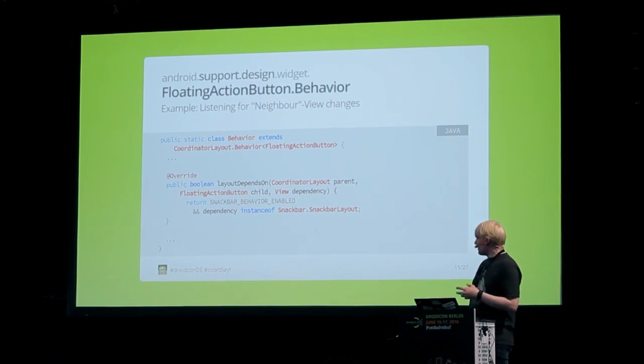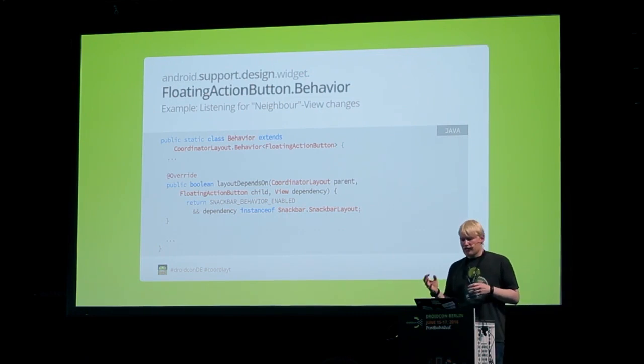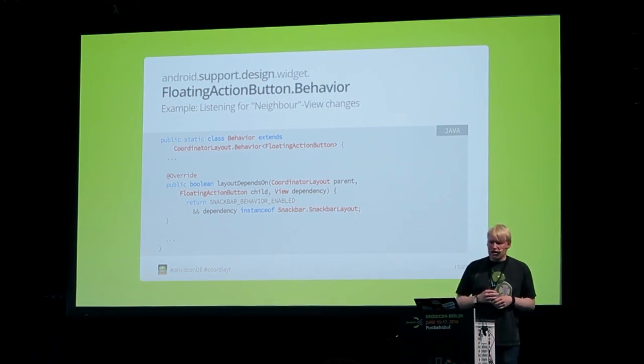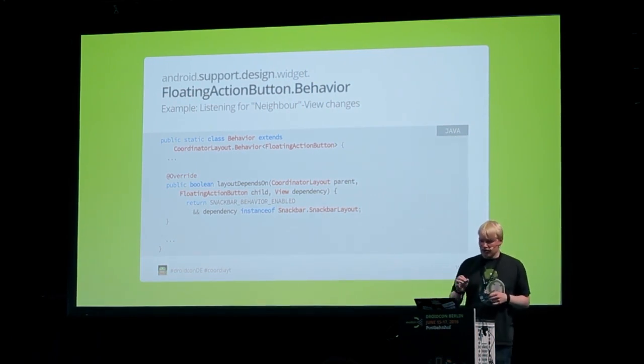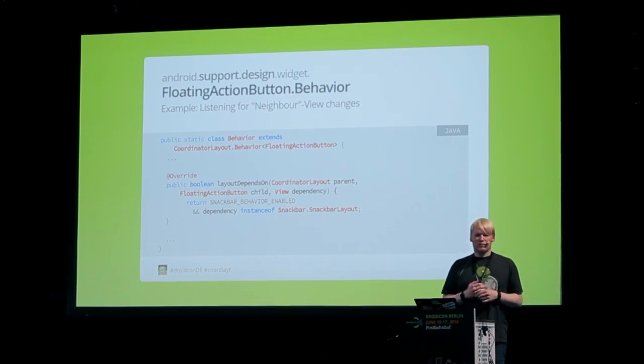As a dependency, it will supply every other view that lives inside the coordinator layout. And we have then to tell coordinator layout, yes, I'm interested in changes to one specific type of view, and this is the snack bar layout. That's the one used internally by the snack bar to be shown.